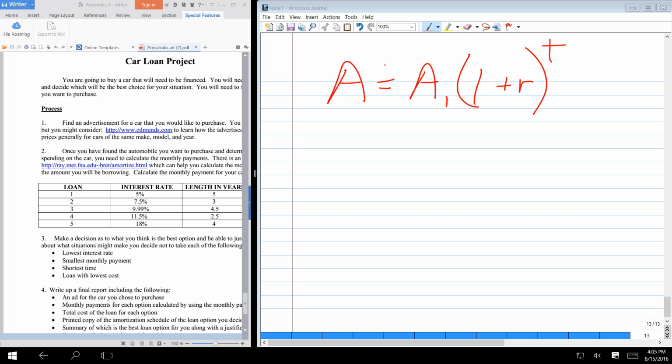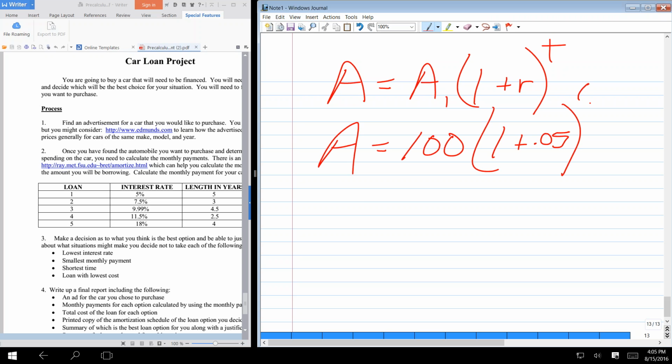If you deposit $100 in a bank account earning 5%, what would it be worth after 5 years or 6 years, say? Well, you'd get that by, there's your $100, your starting amount. 5% we need to convert to a decimal. And I said 6 years, that's what T is in years.